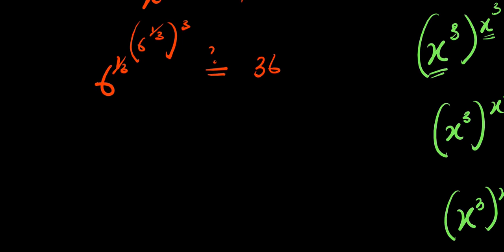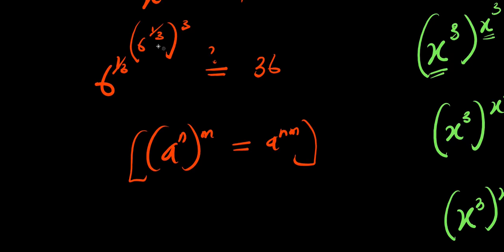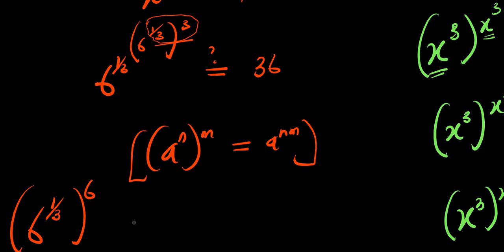Have you seen that? And remember, if you have a^n raised to the power of m, this equals a^(n times m). So multiplying this exponent out, I'm simply going to have 6^(1/3) raised to the power of this. We'll multiply out, and 3 divided by 3 is 1, so we have 6 left here, and this equals 36.